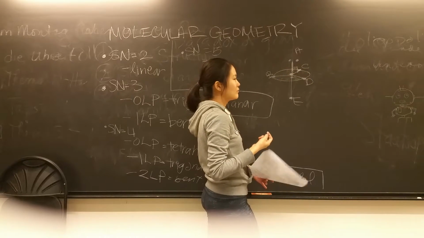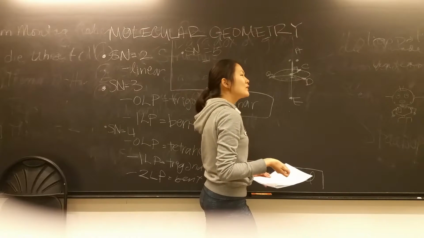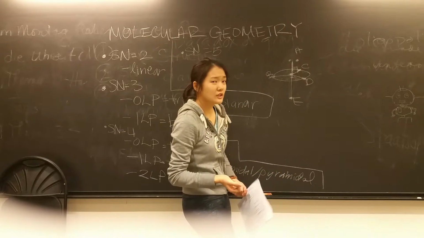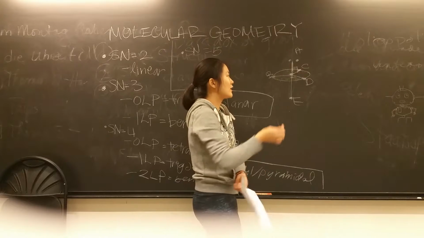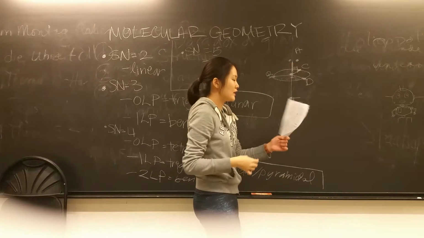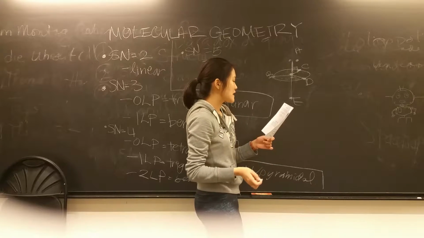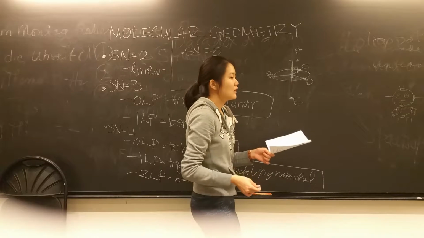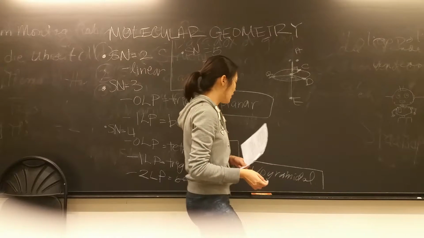I think that would actually be at a higher potential energy than the one I had before where you have your lone pair on the equator. So basically what this slide is saying is that lone pairs go on the equatorial positions to minimize repulsion, therefore minimizing the amount of potential energy that this whole molecule possesses.